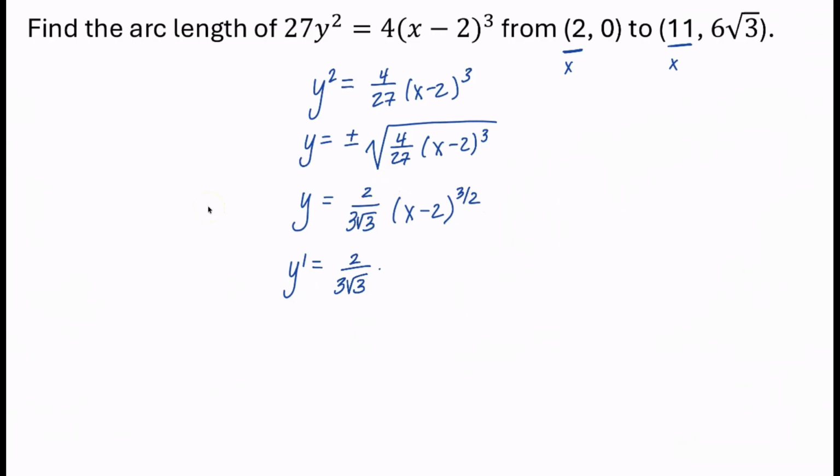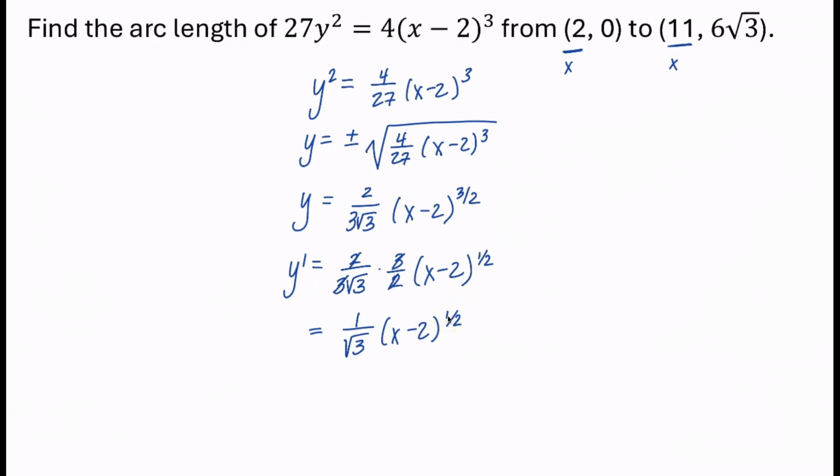We bring the 3 halves to the front: 3 over 2, x minus 2 to the 1 over 2. The derivative of the inside is just 1, so that's nice. And some other nice things happen: 3 over 3 is 1, 2 over 2 is 1. So I get a derivative of 1 over √3, x minus 2 to the 1/2.